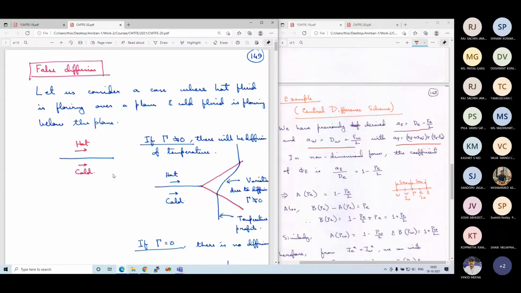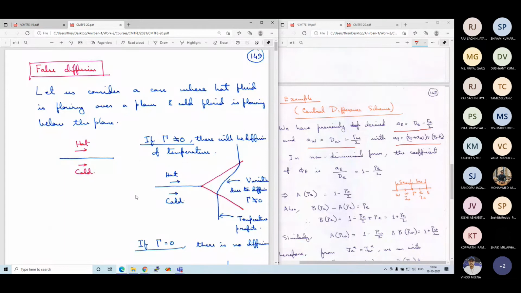So we will consider a case where hot fluid is flowing over a plane and cold fluid is flowing below the plane. The plane is a hypothetical plane, so the fluids are free to mix together. They are not mixing, but they are free to transfer heat from one side to the other if there is diffusivity.